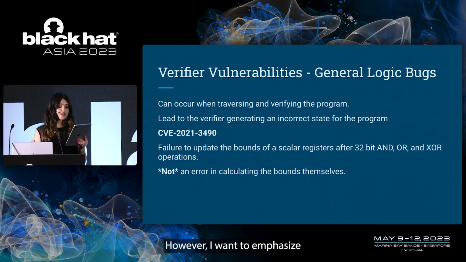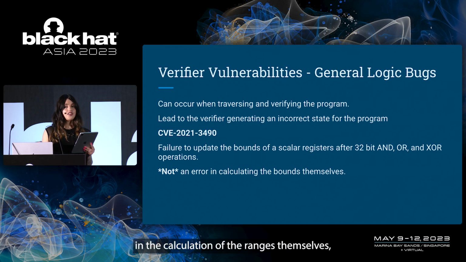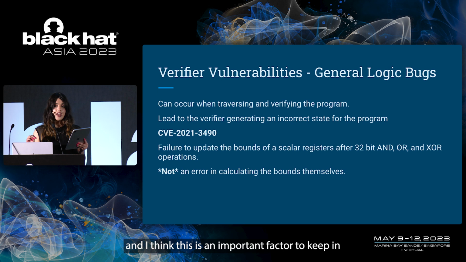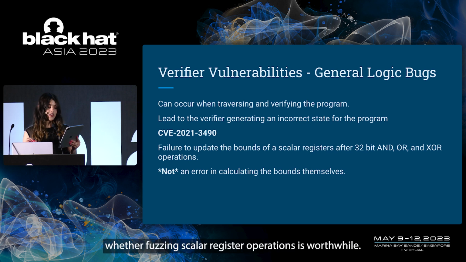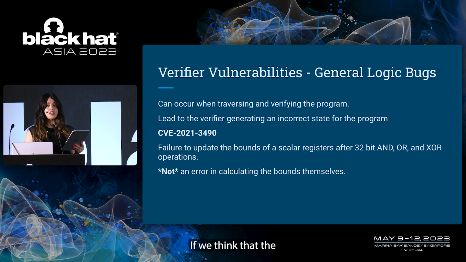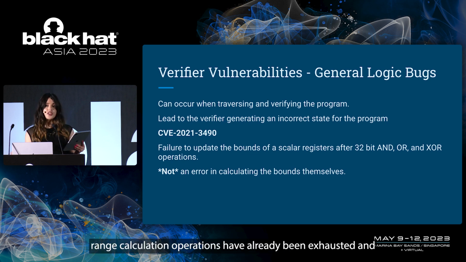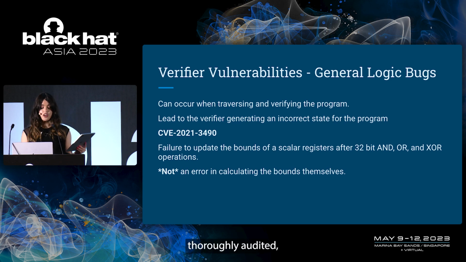However, I want to emphasize that this was not an error in the calculation of the ranges themselves. And I think this is an important factor to keep in mind as we move on to discussing fuzzing later, and ponder whether fuzzing scalar register operations is worthwhile if we think that the range calculation operations have already been exhausted and thoroughly audited.